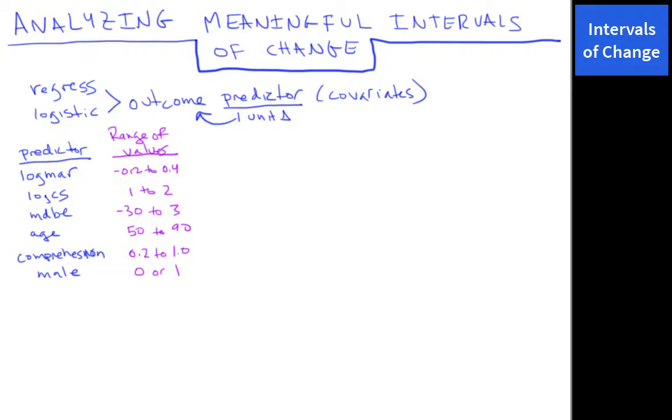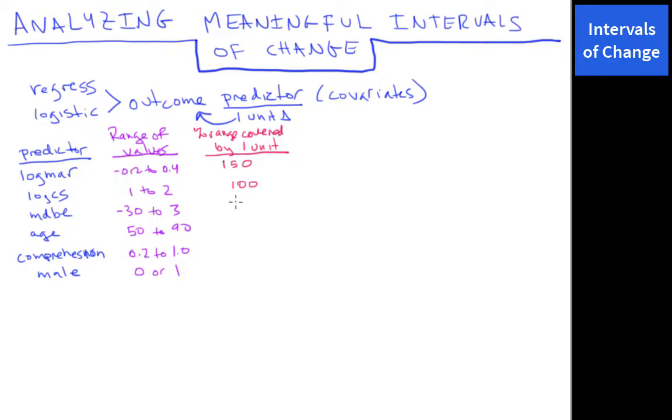Then we have to think about, when you're talking about a 1 unit change, over what percentage of the range is going to be spanned by 1 unit. So, percentage of range covered by 1 unit. And you can see that it can differ drastically across these different predictor variables. So here it's going to actually be greater than 100%.